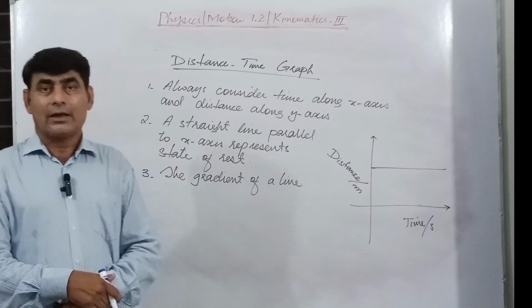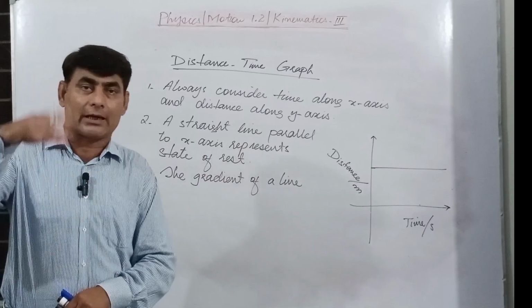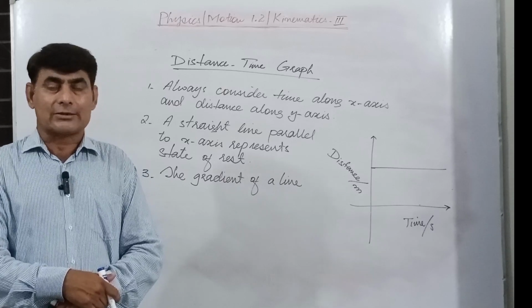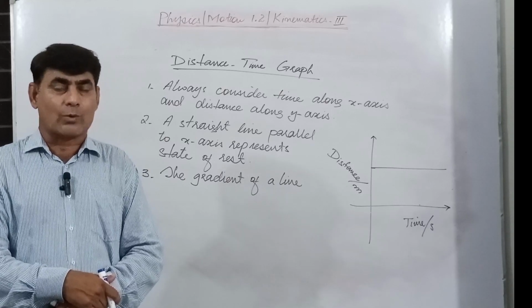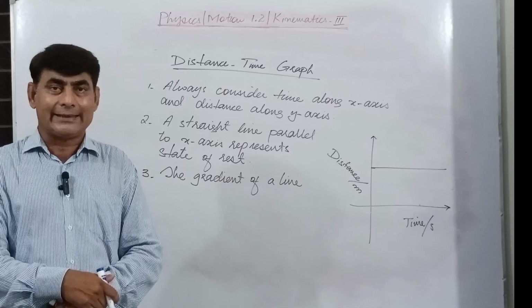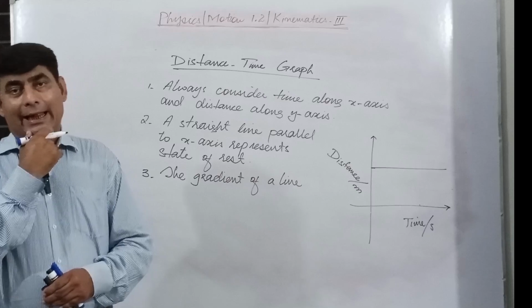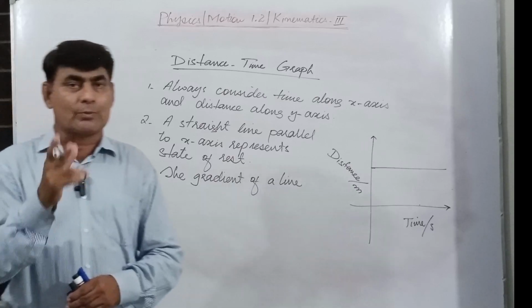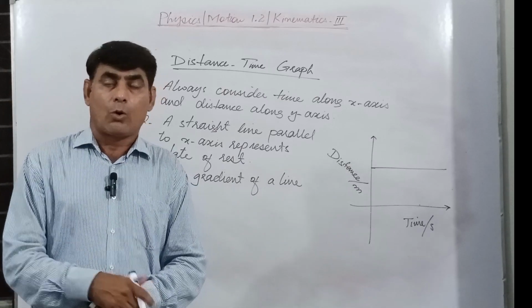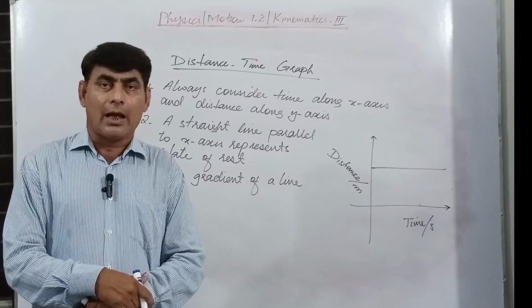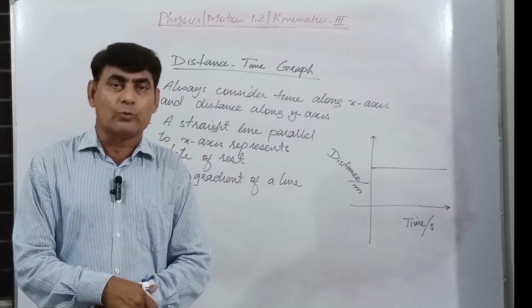So the rise, the vertical distance, is y2 minus y1, and the horizontal distance is x2 minus x1. So the gradient of a line is y2 minus y1 upon x2 minus x1, and these are considered from 2 points. One point is x1, y1, the other point is x2, y2.